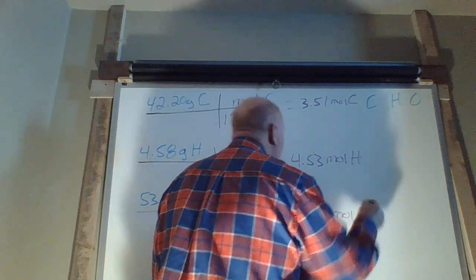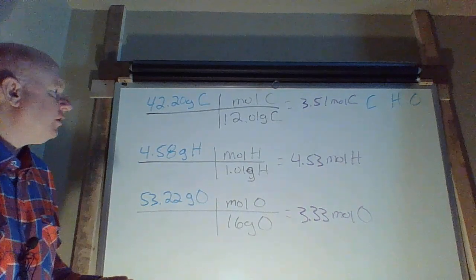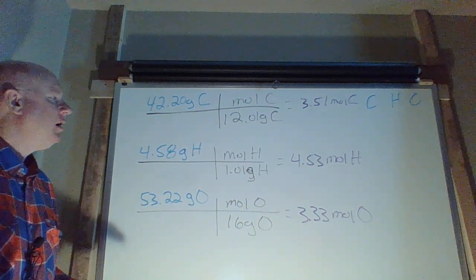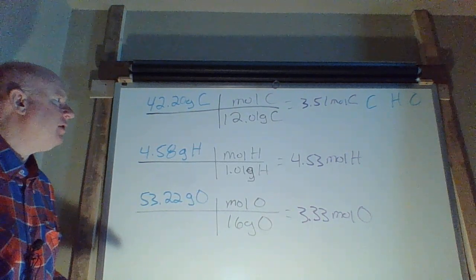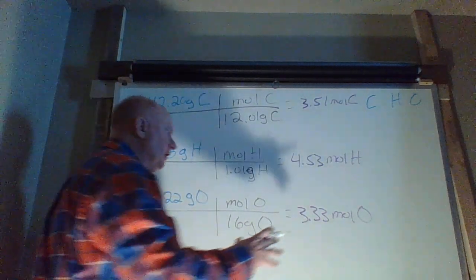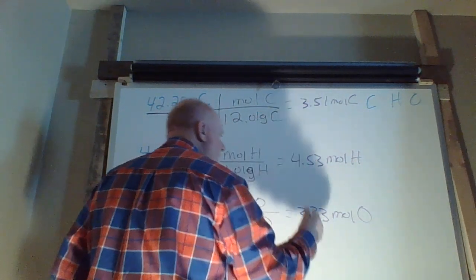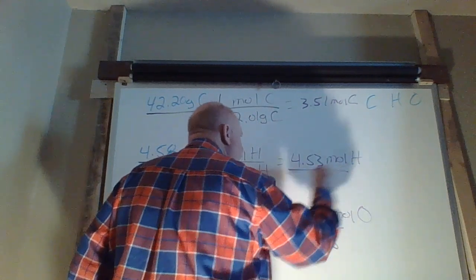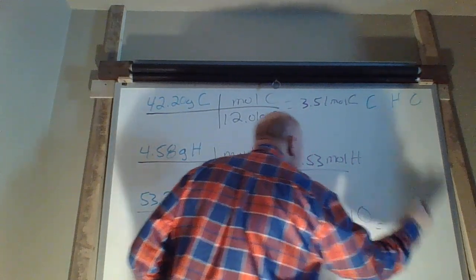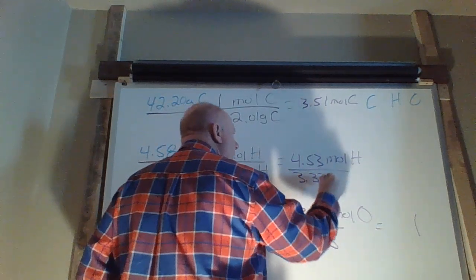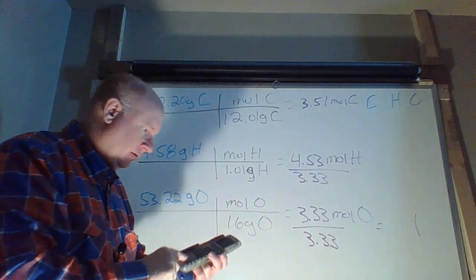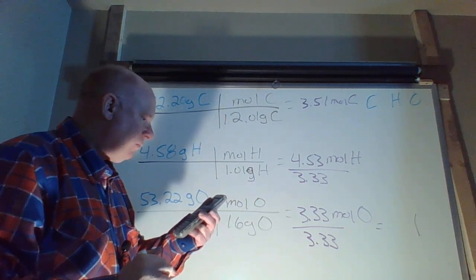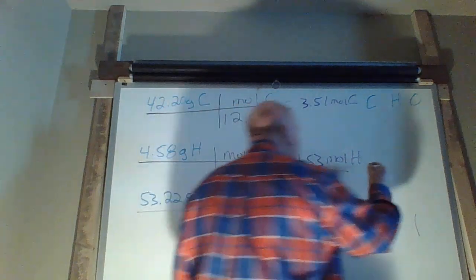Okay, so notice that those are pretty close to one another. When we get to this step, you need to find the smallest number, in this case 3.33, and divide them into each other. So 3.33 divided by 3.33 gives us 1. 4.53 divided by 3.33 gives us 1.36.